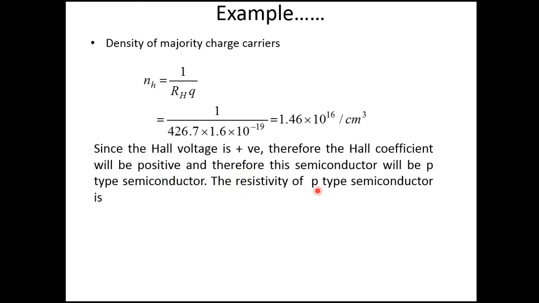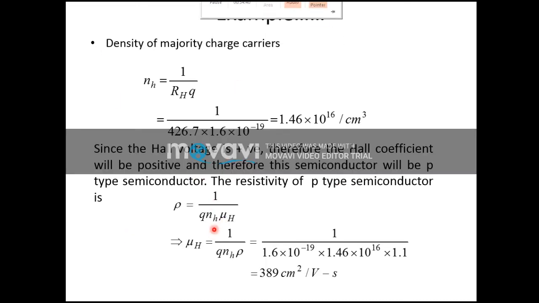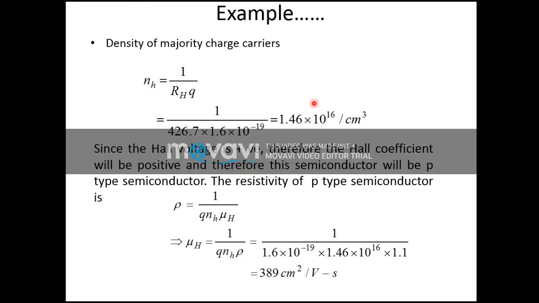Okay, resistivity of p type semiconductor now we can find. So rho is equal to 1 by q and h, mu h. So we can write this mu h is equal to 1 by q and h, and this rho will come down. So put this value, q is 1.6 into 10 power minus 19, and h we have just calculated from here.